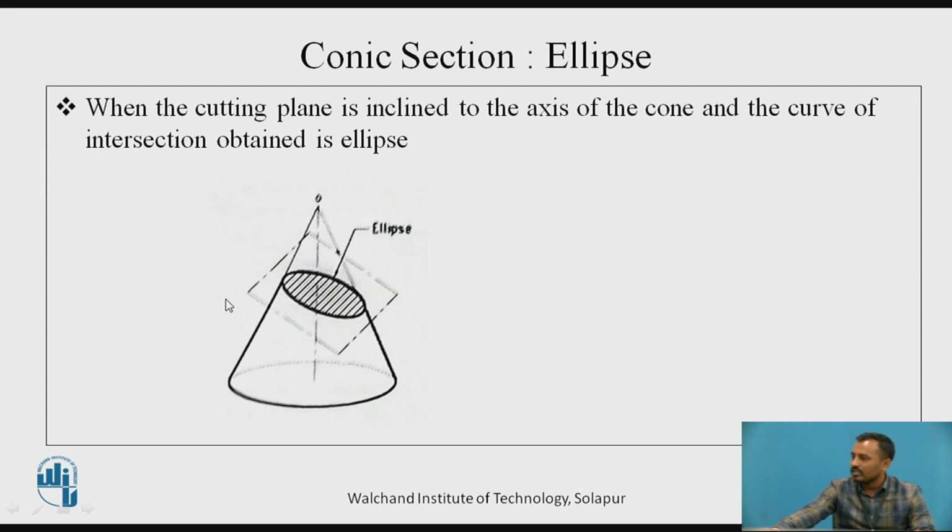When the cutting plane is inclined to the axis at an angle greater than the slant angle, the curve of intersection obtained is an ellipse, as shown in the figure.